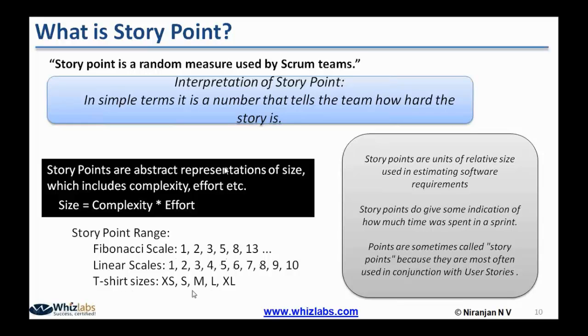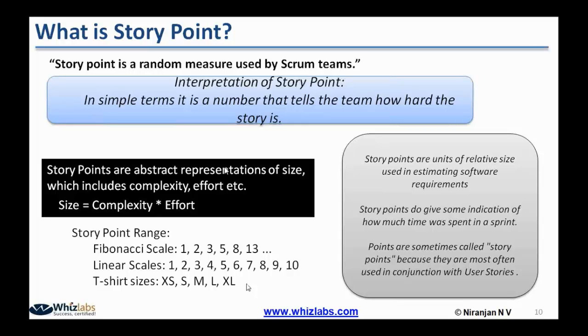And there is also one more type of unit which makes use of t-shirt sizes. So the t-shirt size here starts with X, extremely small. Extremely small means XS. Okay, and the next one is small, next is medium, large, extra large, and double extra large.